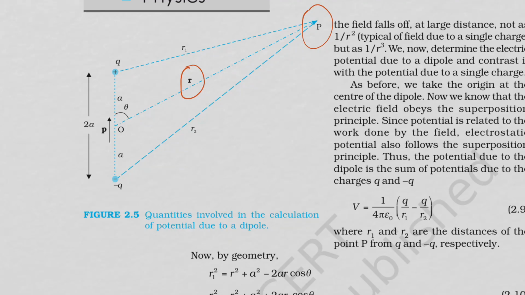The dipole is at the origin O, and the position vector of the point P is r. The angle between the dipole moment and the position vector r is theta.